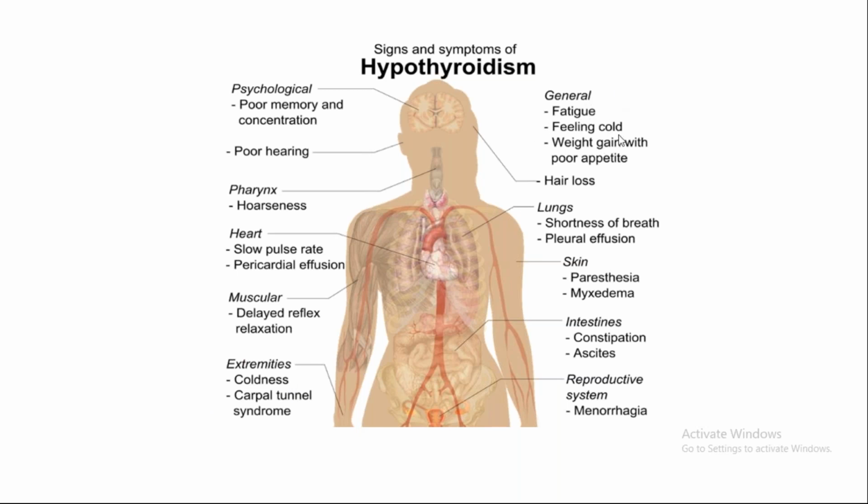In general, fatigue, feeling cold, weight gain with poor appetite, hair loss, lungs, shortness of breath, pleural effusion, and skin paresthesia. The receptors are not developing well. The myxedema, intestine, constipation, ascites, and reproductive system abnormalities.